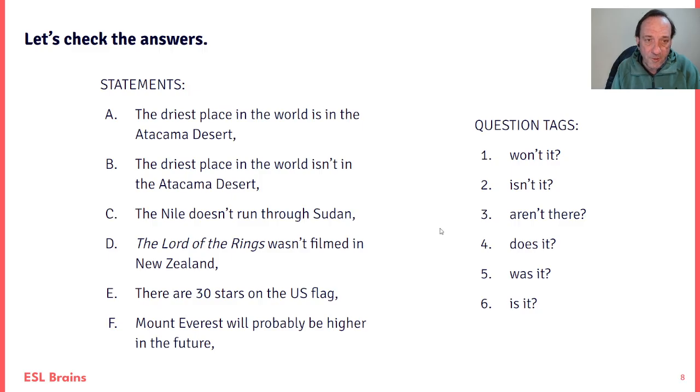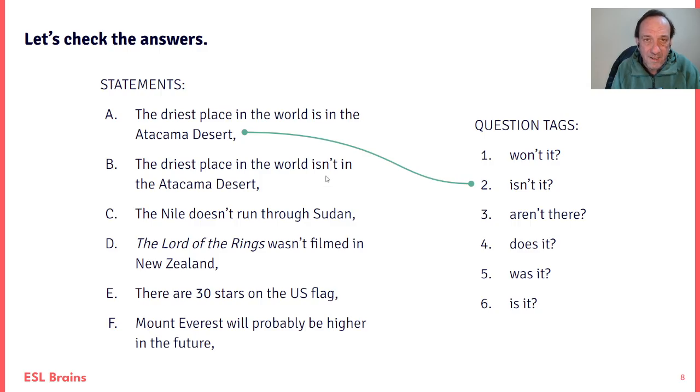All right. Let's look at the first one. The driest place in the world is in the Atacama Desert, isn't it? Positive, negative. The driest place in the world isn't in the Atacama Desert.